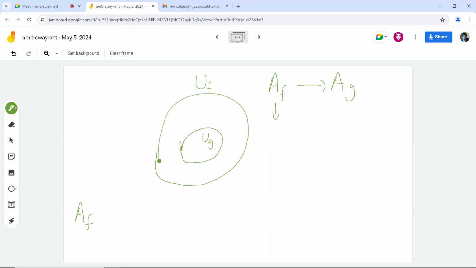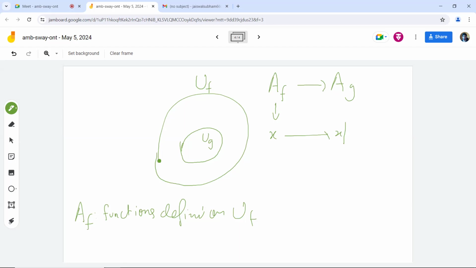So you think of AF as functions defined on UF, and AG as functions defined on UG. Of course, if a function is defined on UF, then you can just restrict it to the smaller domain UG, because UG is smaller, right?